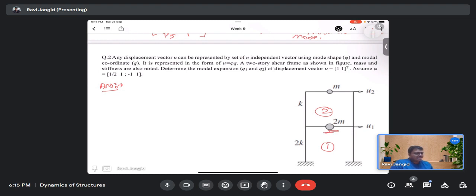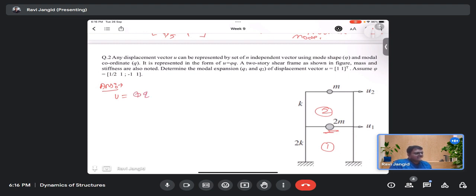Any displacement vector u can be represented by a set of n independent vectors using the mode shape and the modal coordinate, or the modal expansion. So the displacement is represented as u is equal to phi times q.